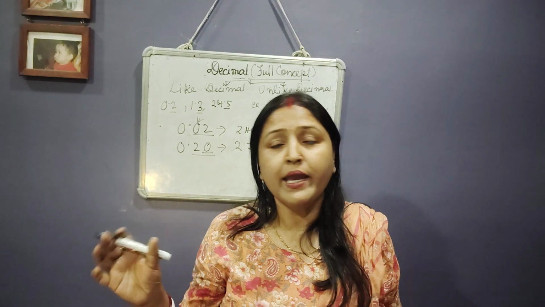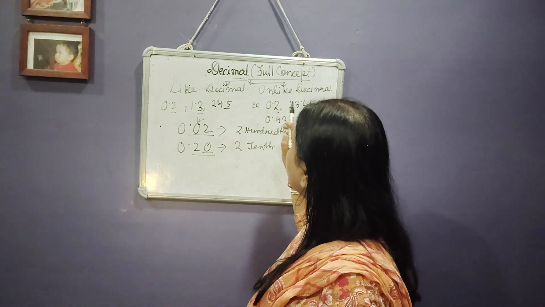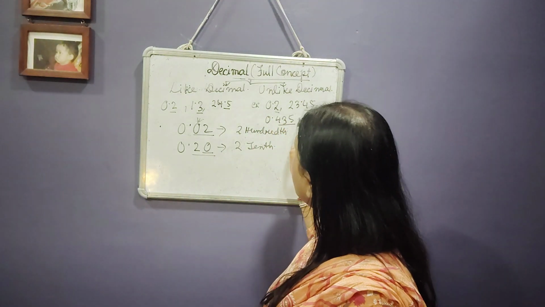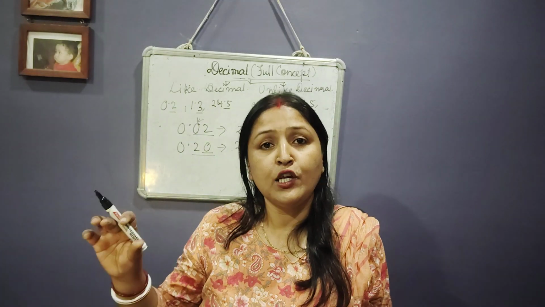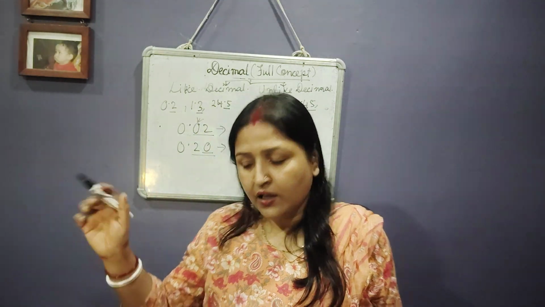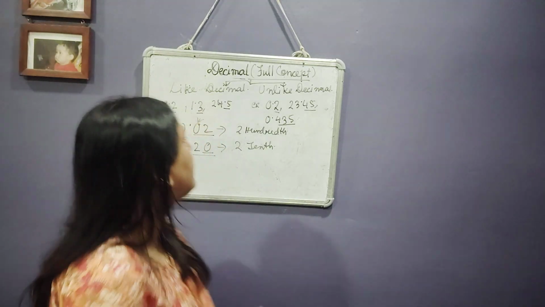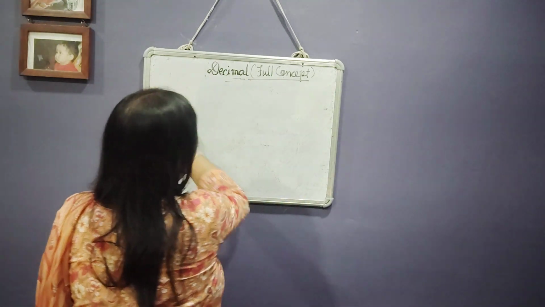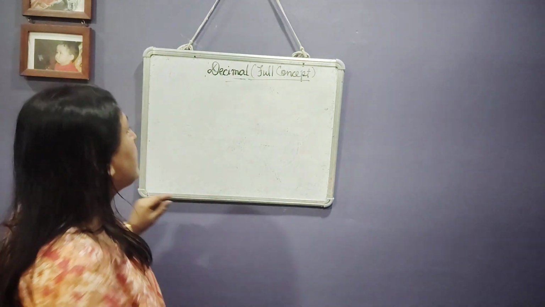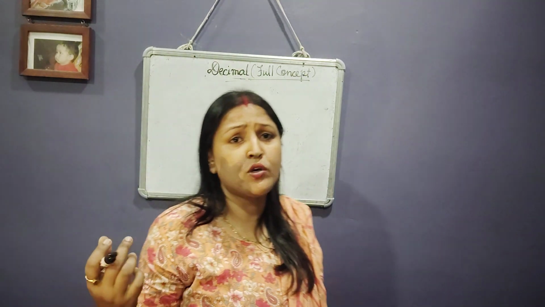So if you want to convert an unlike decimal to a like decimal, you can add 0 after a digit. You can easily convert the unlike decimal to like decimal. Many times the question used to come: convert this into like decimal.